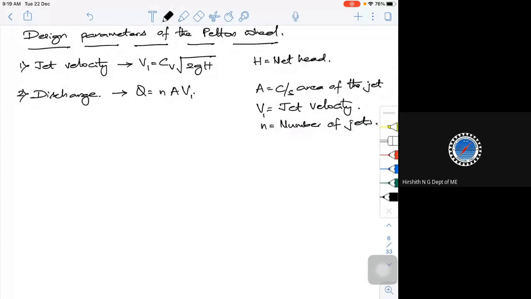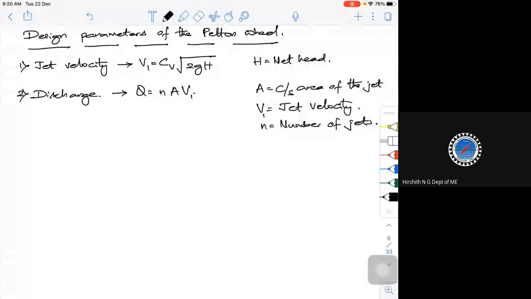If it is 2, it is 2 into area into velocity. That's how you can find your discharge. So the discharge for 4 nozzles is 4 times area into V. If I have 2 nozzles, it will be 2 times area into velocity. Usually it will be 2, 4, 6, 8, whatever it is. That's how the nozzles will work.